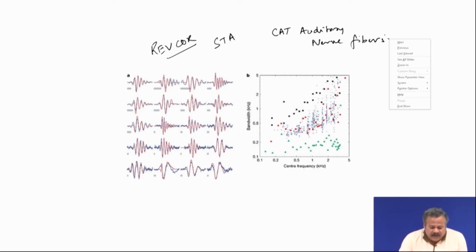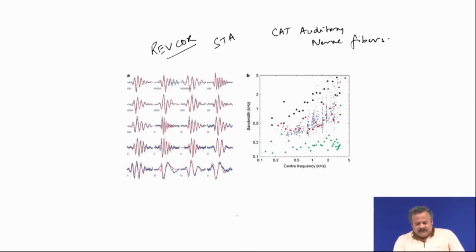And what they find is that the functions, or the kernels, that they obtained from theoretical principles, as we discussed, matched very well with those reverse correlation functions of auditory nerve fibers.